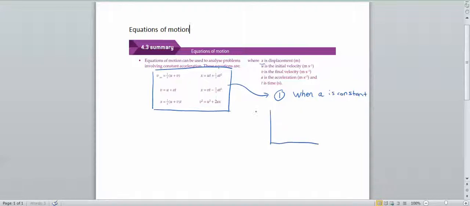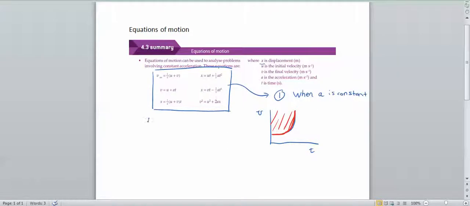If this is our velocity time graph and it was to look something like this, well, we couldn't use equations of motion for this section here, because the acceleration is not constant. It's obviously changing. It's accelerating very slowly in this area, and then it rises quite steeply. So we can only use these equations of motion for constant acceleration.